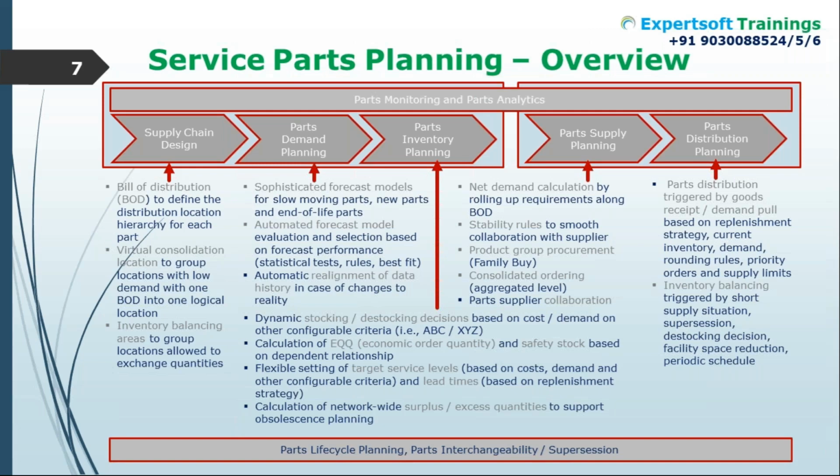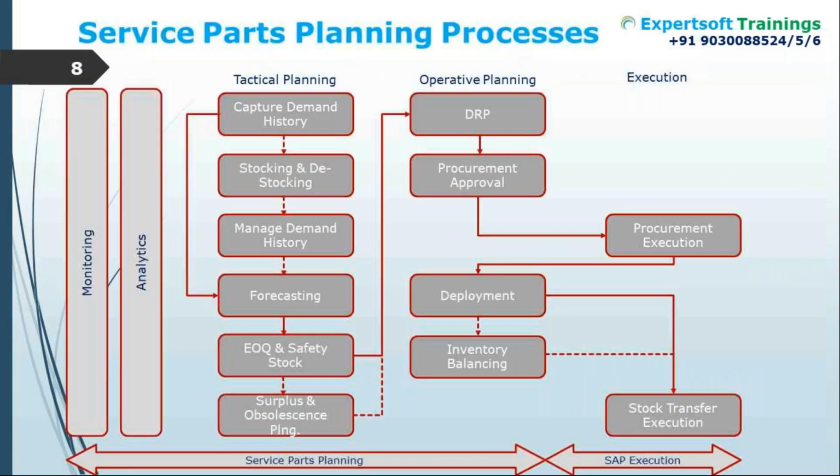Supply chain design means how you want to design your master data. Parts inventory planning, where you have all the stocking, destocking, target service level, surplus, excess quantity. Part supply planning, where you do all the DRP stuff, and part distribution, where you do all the deployment stuff. So it's just a segregation of different processes.